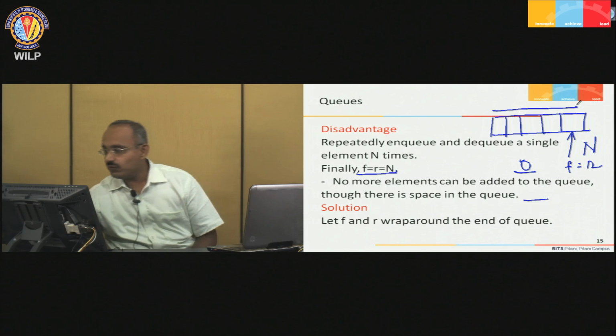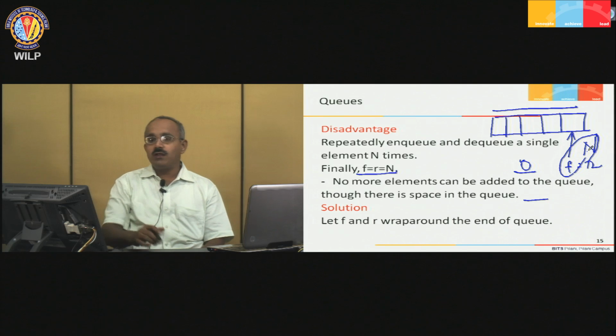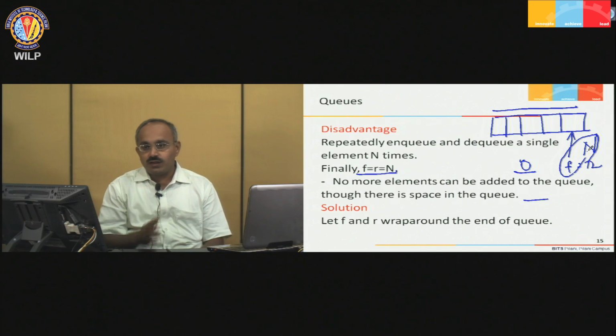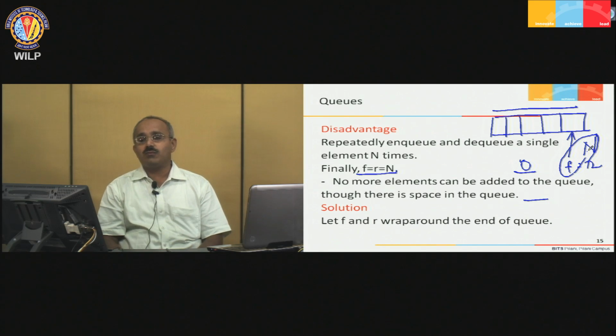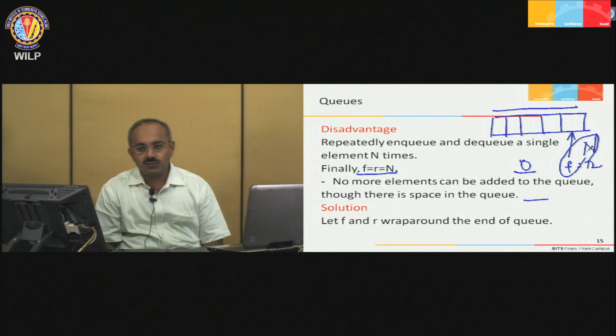Remember, when F is going to point to n, this condition would mean your front is at n, would mean there is no space in the Q. You certainly don't want such a situation to arise.